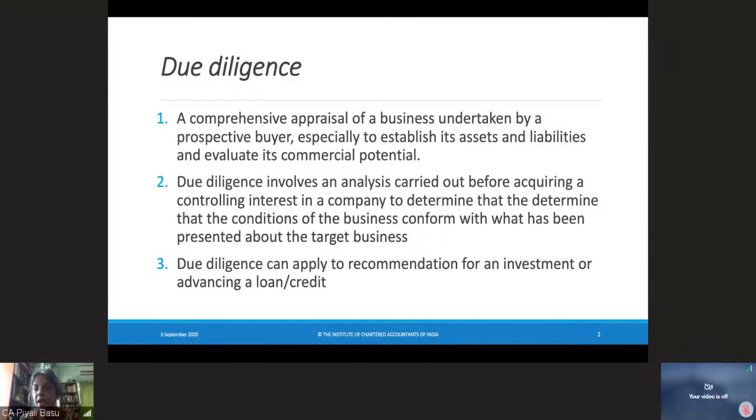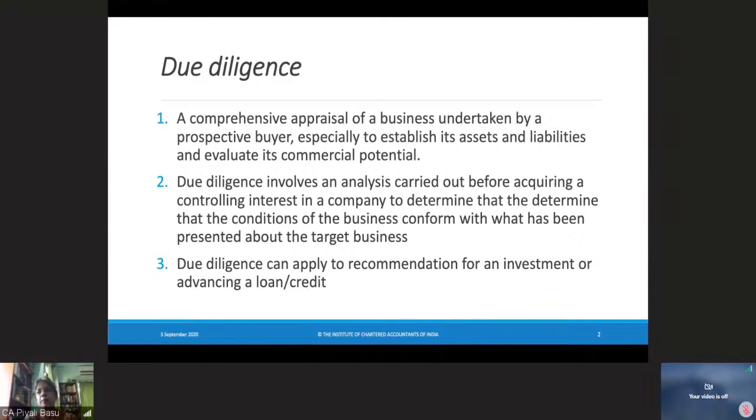Due diligence is basically fact finding about an entity or organization in which some other organization, entity or person is interested to invest. Before making an investment, the entity would want to know whether it's really viable to make such an investment. We are not talking of a very small amount. For any substantial amount proposed to be invested, a fact-finding mission is done, which can be called a due diligence.